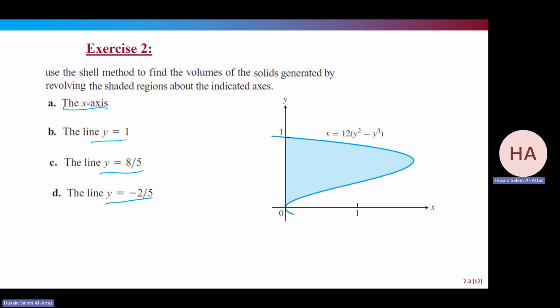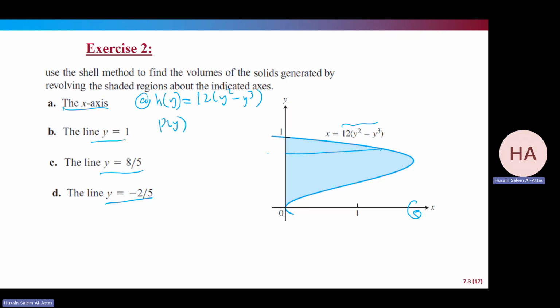I have the revolution about the x-axis, and the line parallel to this axis of revolution. So this is part A. What will be h of y? It will be the function, which is this, minus 0, so it will be 12y squared minus y cubed. What is p of y?